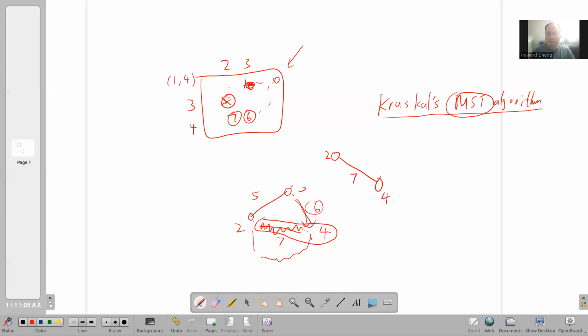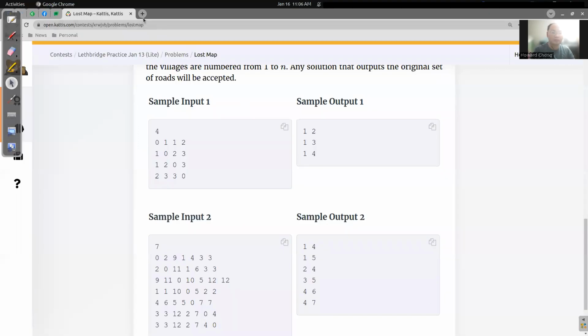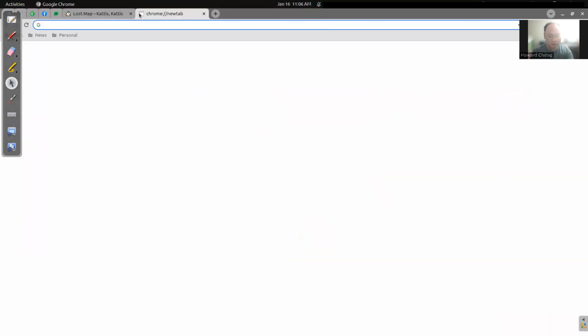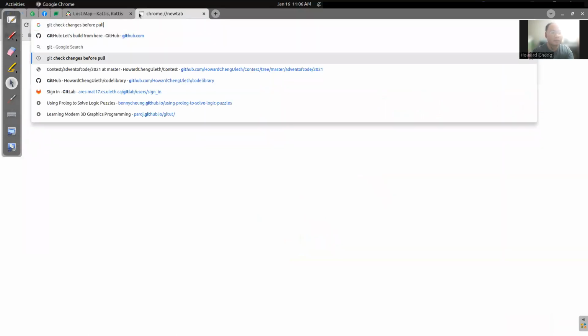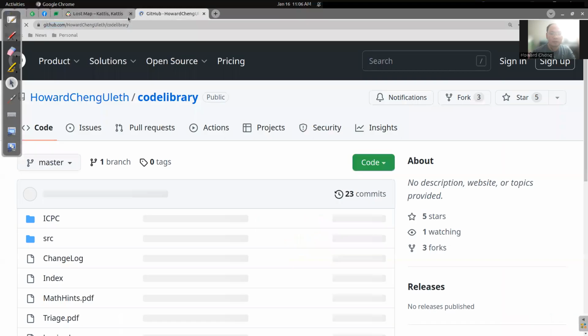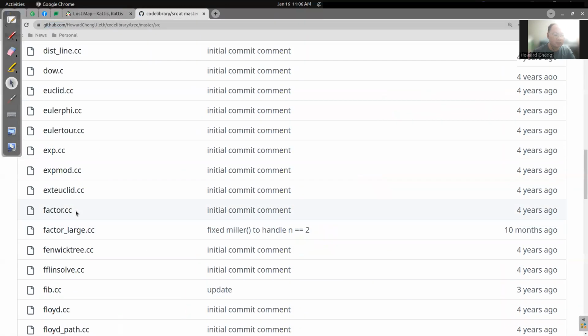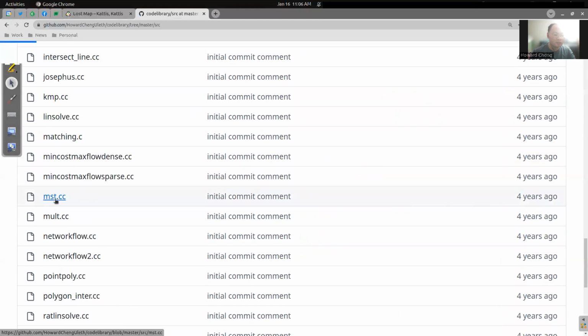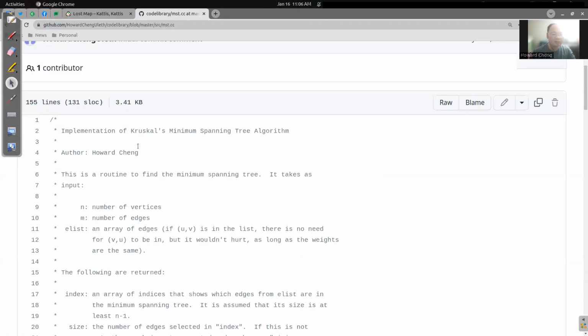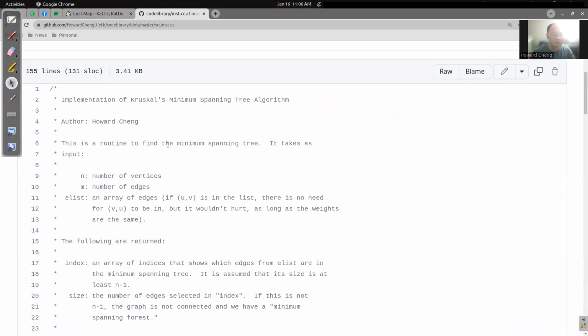And then if you go to my GitHub repository, the code library, there is an MST algorithm, which is an implementation of Kruskal's minimum spanning tree algorithm.